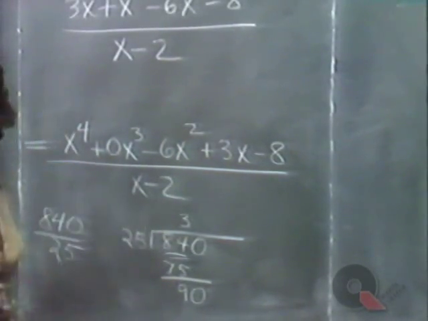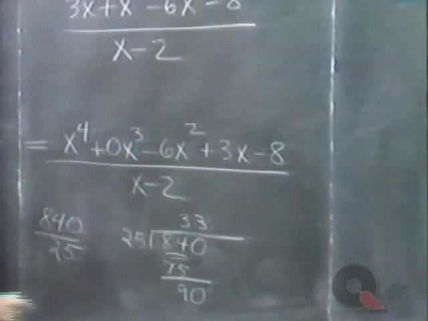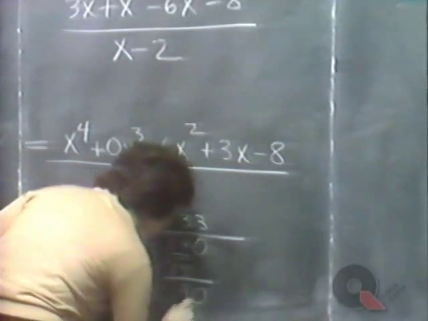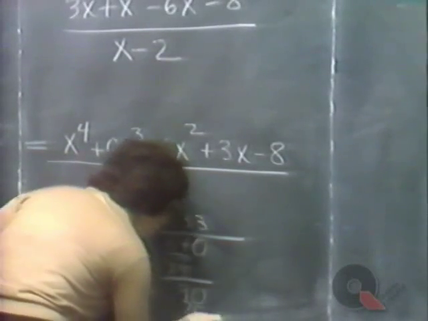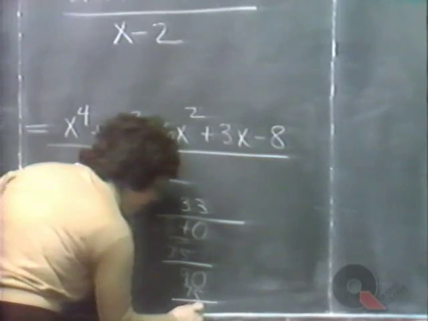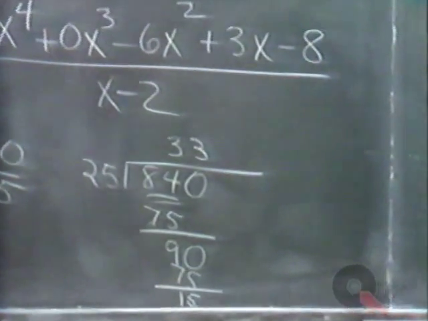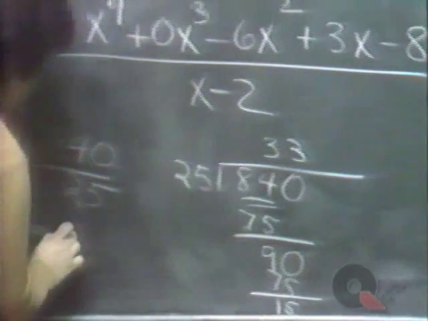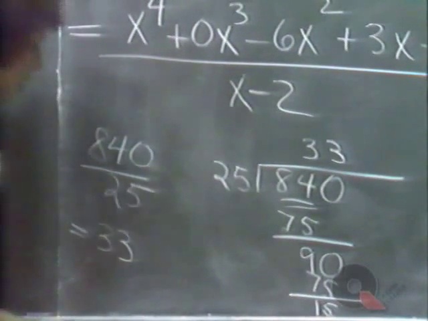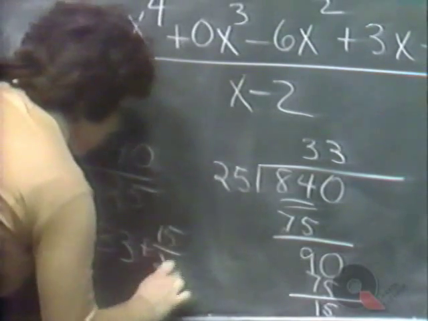25 into 90, once again, 3 times, 4 times would be 100, which is too large. 3 times 25, 75. We subtract, giving us a remainder of 15. We can write our answer as the quotient, 33, plus the remainder over the divisor.